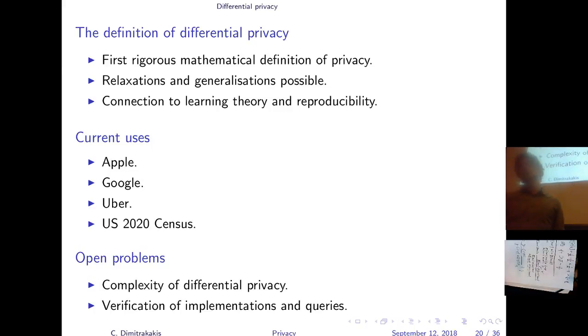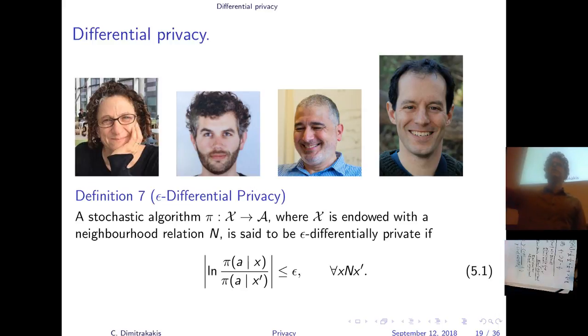There's also a connection to learning theory. Any learning algorithm that is differentially private in this sense, where you have some data and you get a neural network, right? So the input is the data and the output is the neural network. If the neural networks, or the distribution of the neural networks, is similar with respect to the data, then you have differentially private neural networks.